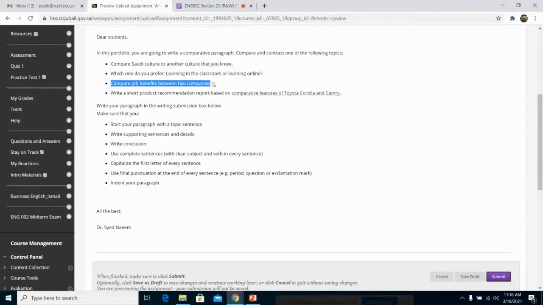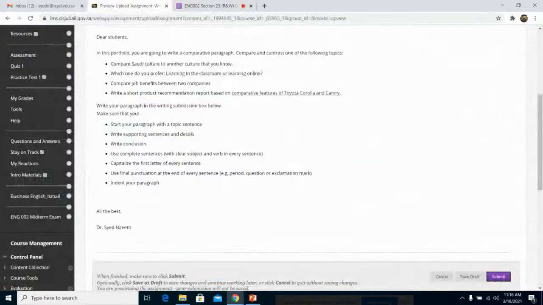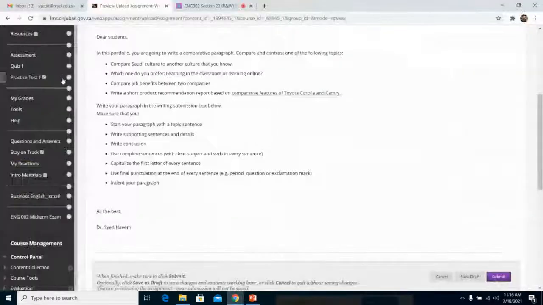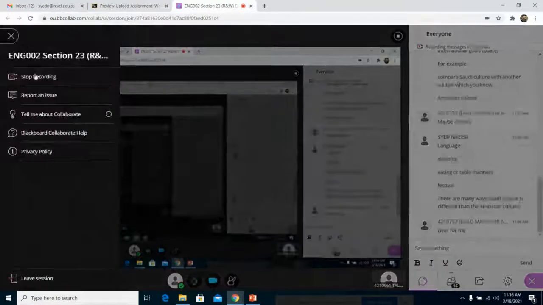Compare job benefits between 2 companies, or compare features of Toyota Corolla and Camry. So 4 topics are there. You can choose one and write. The deadline is Monday. So I wish you good luck and hope you come up with good exercises and get very good marks. Any question, boys? Thank you very much.